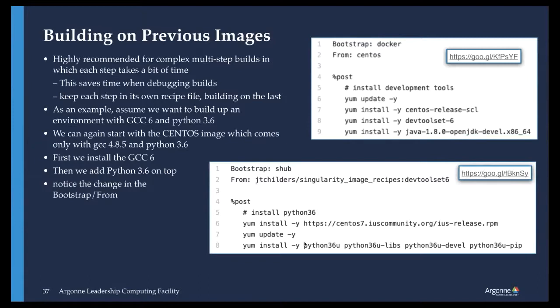What I would do, if you need them during the build steps, obviously you're not going to be able to get those onto Singularity Hub, so you're going to have to build those images locally. You'd have those input files on your local file system, and then during the build steps, you can mount those into your build steps so that they're available, but they don't have to be part of the image.